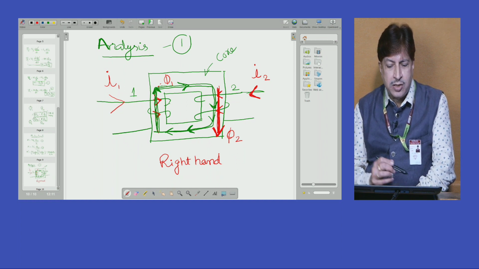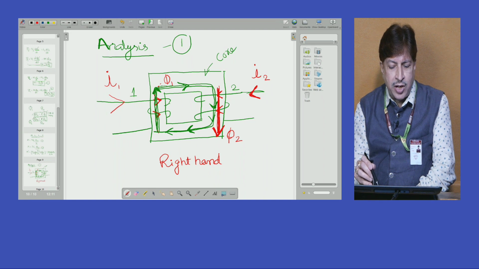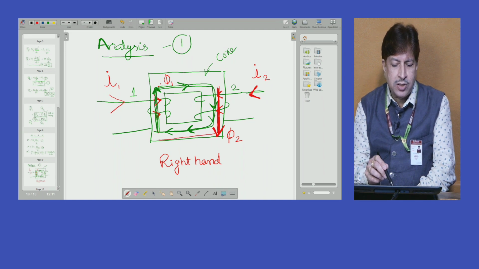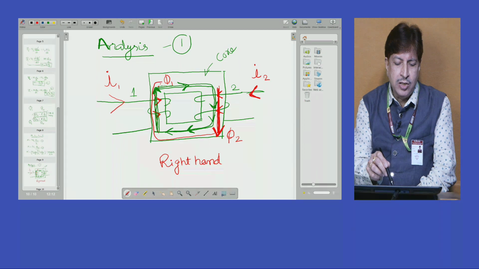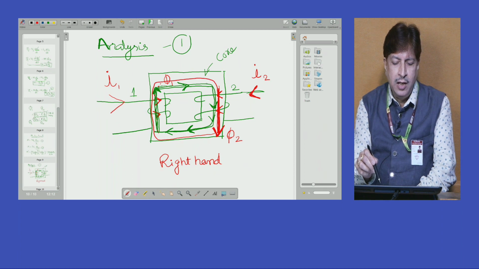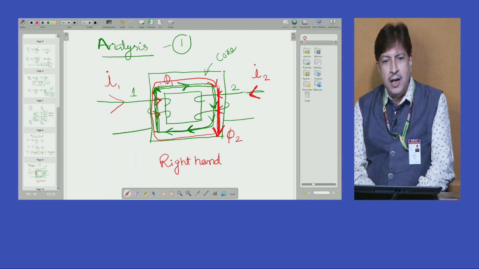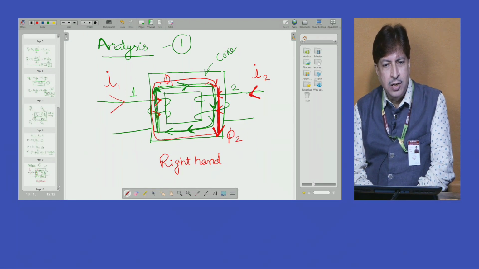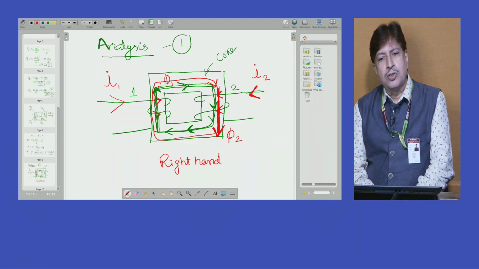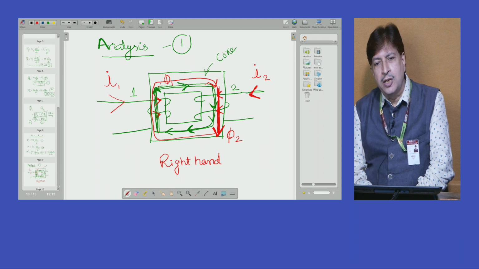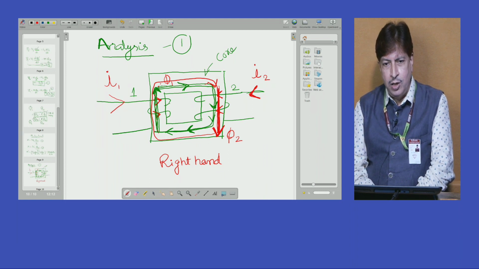The answer is, if you extend the direction of this, see this, it is also moving in the clockwise direction. Green color flux I marked, phi 1, is in the clockwise direction. Red color flux phi 2 also is in the clockwise direction.